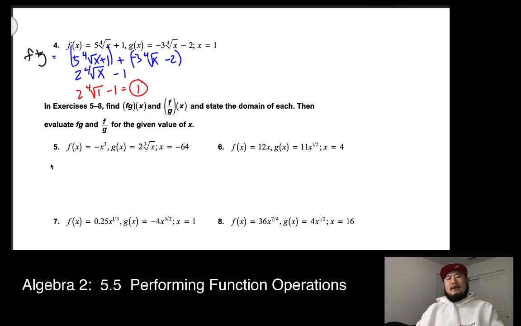Now let's think about our domain here. Because in this function, it moves up 1 unit right here, and it does something like that. That's kind of the basic idea.